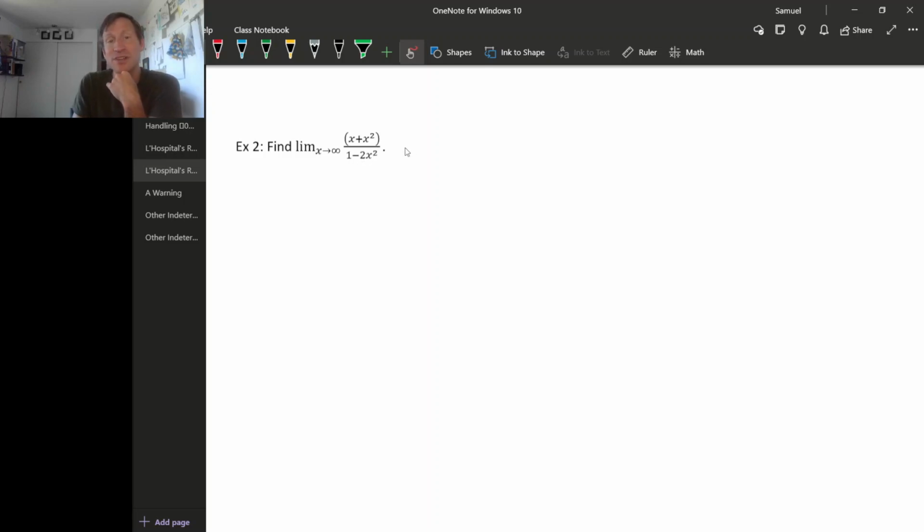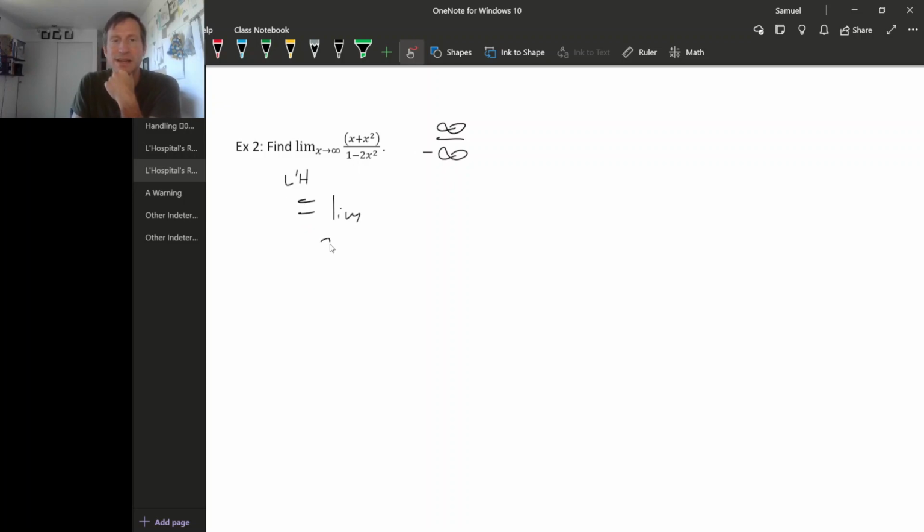But let's use L'Hopital's rule anyway, just because we can, I guess. This is the indeterminate form infinity over infinity, right? The numerator as x goes to infinity, this quadratic blows up to infinity, but so does the quadratic in the denominator. Well, the denominator actually goes to minus infinity, but still, it's infinity over infinity. That's indeterminate. So we can use L'Hopital's rule.